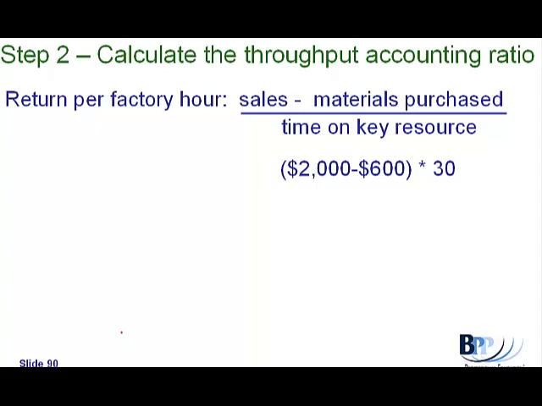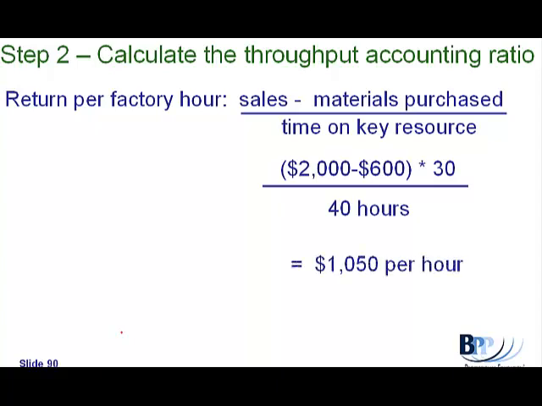We identified that from reading through the requirements, and we've now identified that machine Z is the bottleneck and machine Z is capable of making 30 trolleys. So our return, 30 times 1400 in units. We then got to divide that by the amount of time involved. Well, in a week we have 40 hours. So we get to a return per hour of 1050.